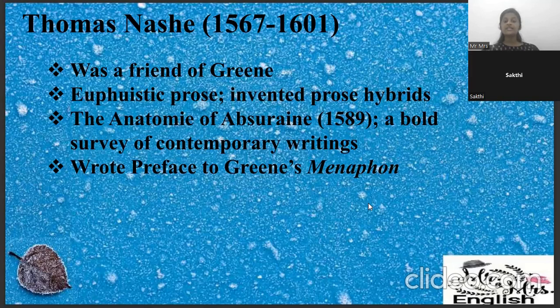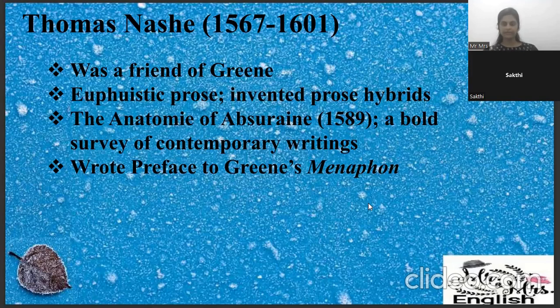And he invented prose hybrids. Of course, the style was euphuistic, but at the same time, he invented prose hybrids, meaning combining various styles, a hybrid version of prose style. One style, another style, he combined all these styles together and experimented with such writings. One of the important works by him is The Anatomy of Absurdity, in 1589. This is a bold survey of contemporary writings.